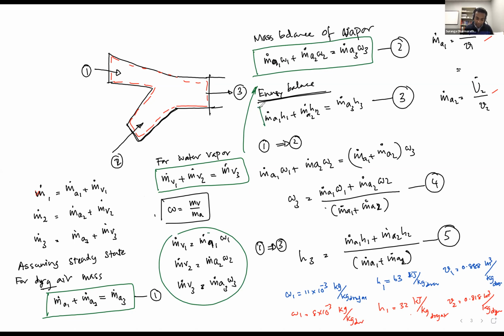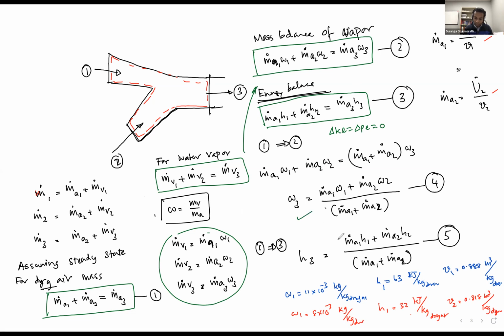And then energy balance is, with W and Q equal to 0. In this case, no work, no heat, only balance of H values when you disregard changes in potential and kinetic energies. And then from equations 1 and 2 combining, I obtain this equation.